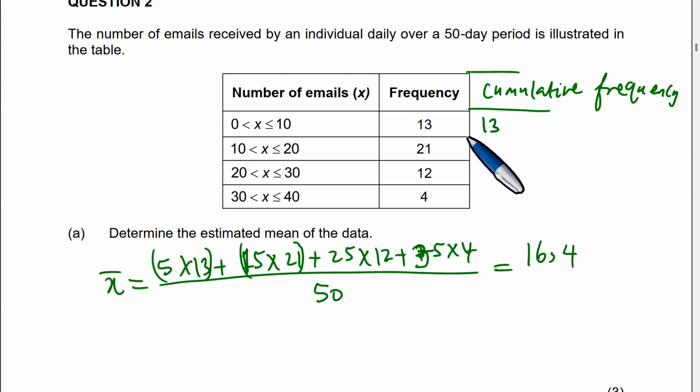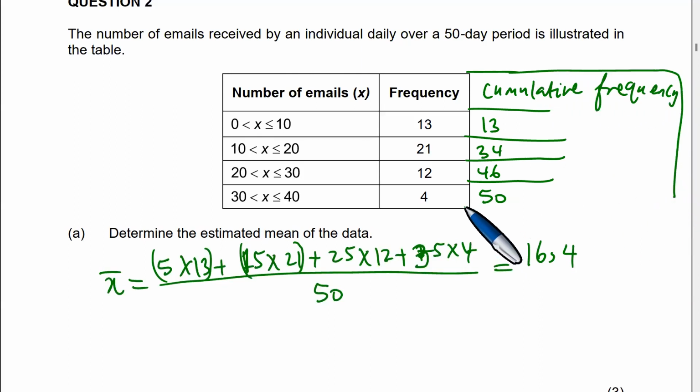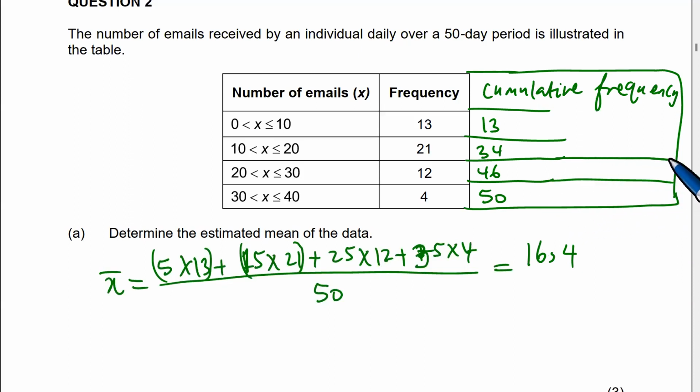And then it's going to be 13 here. And you add here, it's going to be 34. You add, it's going to be 46. You add, it's going to be 50. Like so.